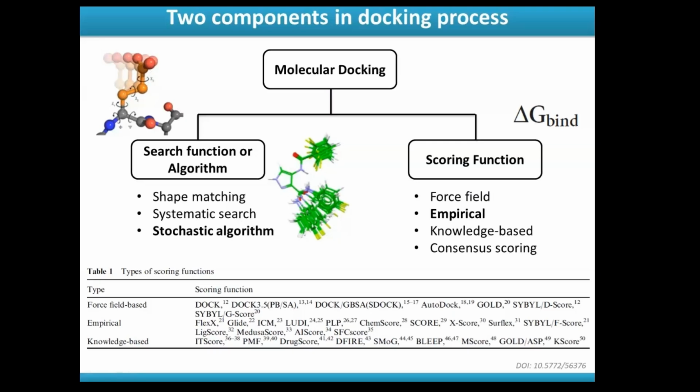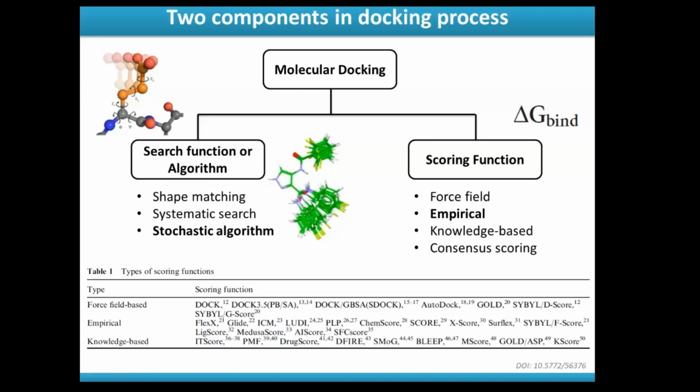More popular is the stochastic algorithm, which generates multiple conformations by random seeding. That means it doesn't do a systematic search, because in a systematic search, if the molecule is large, there are more degrees of freedom, so the search becomes very exhaustive.